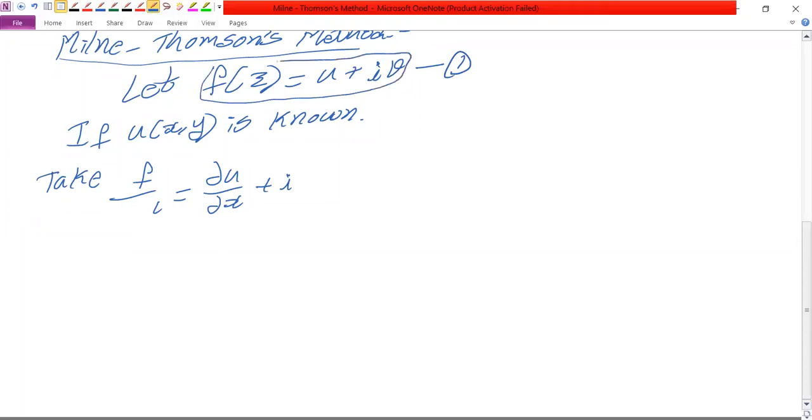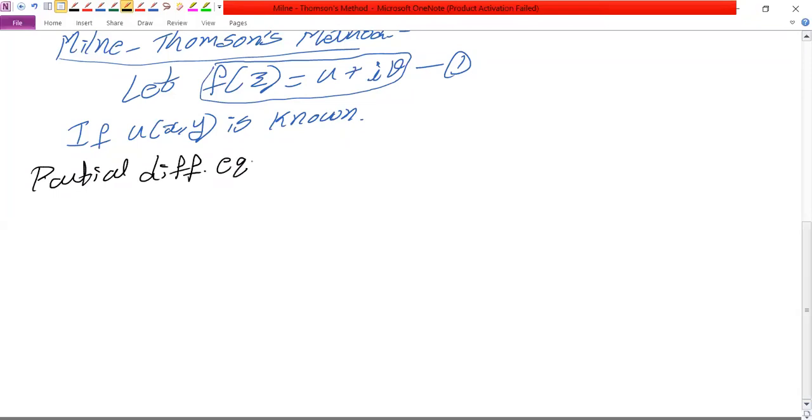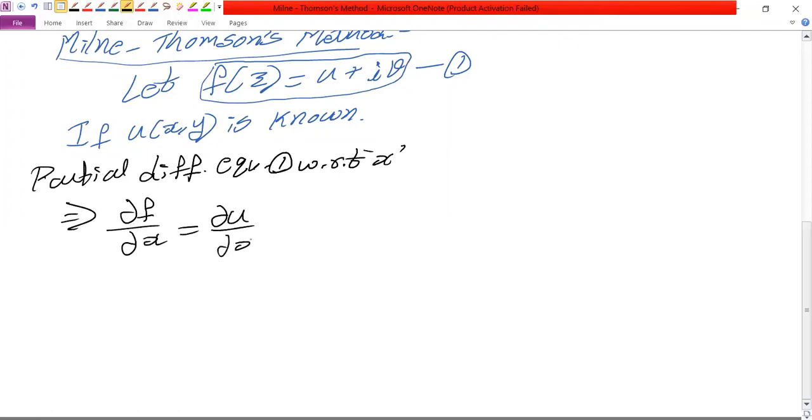If we partially differentiate equation 1 on both sides with respect to x, then we get dou f by dou x equals dou u by dou x plus i into dou v by dou x.